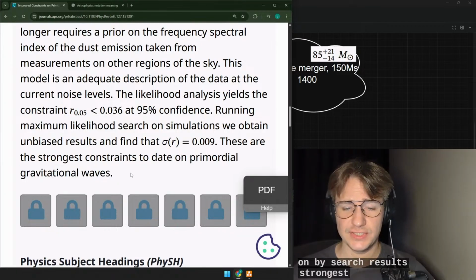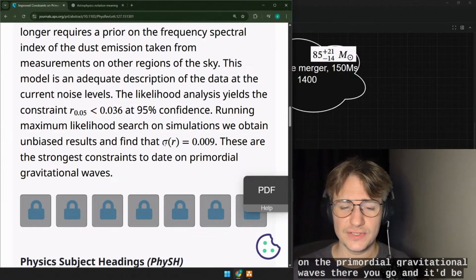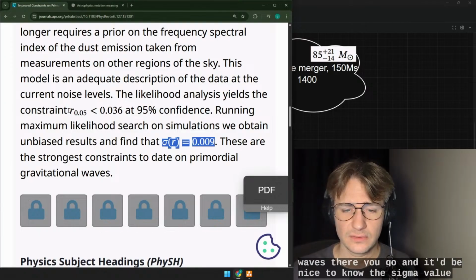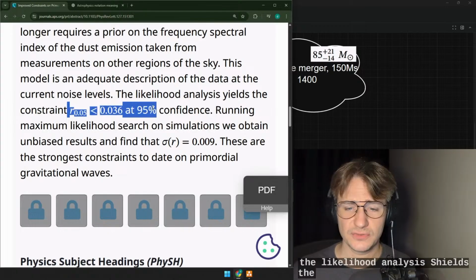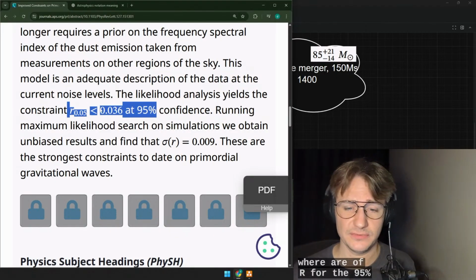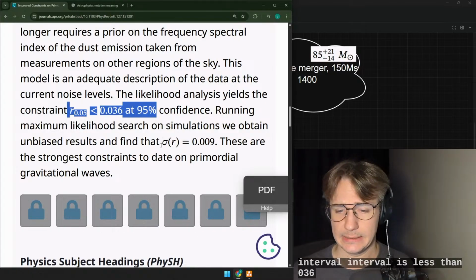Strongest constraints to date on the primordial gravitational waves. There you go. And it'd be nice to know the sigma value. The likelihood analysis yields the confidence interval, 95%, where R for the 95% confidence interval is less than 0.036.